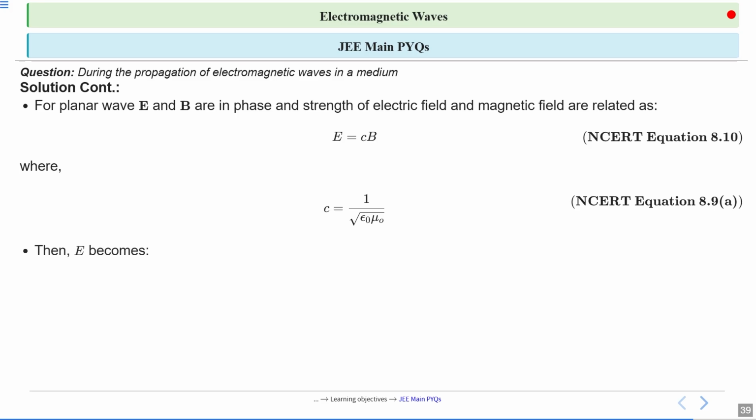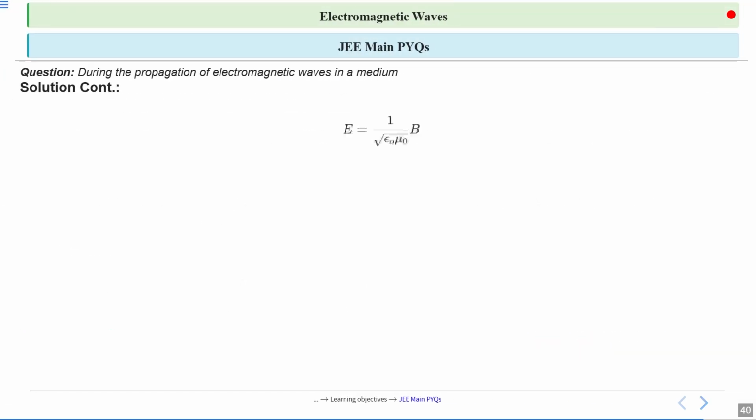So E will become E equal to 1 by root epsilon naught mu naught into B. Okay, so now we will modify it. Squaring on both sides, E square will be equal to 1 by epsilon naught mu naught B square. So epsilon naught E square will be equal to B square upon mu naught.